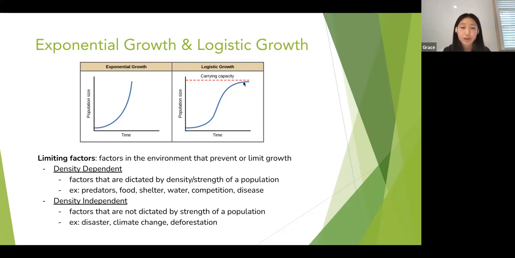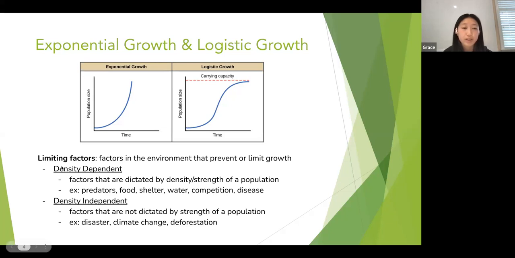It doesn't quite reach the carrying capacity, and that is because of limiting factors. Limiting factors are factors in the environment that prevent or limit growth. These factors will stop or attempt to stop a population from reaching its carrying capacity, because when a population reaches its carrying capacity, it becomes dangerously close to exceeding it. And at that point, it would drop, as we'll see in the next pattern.